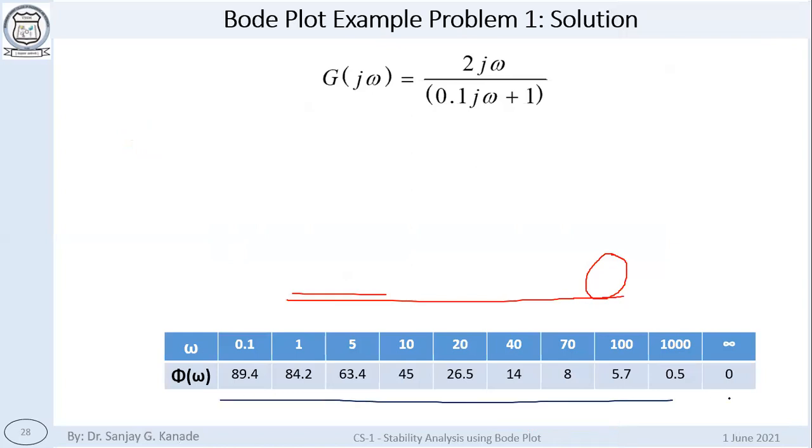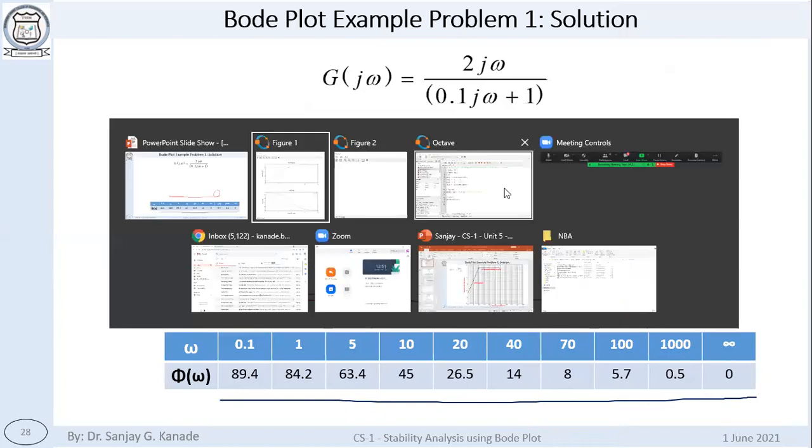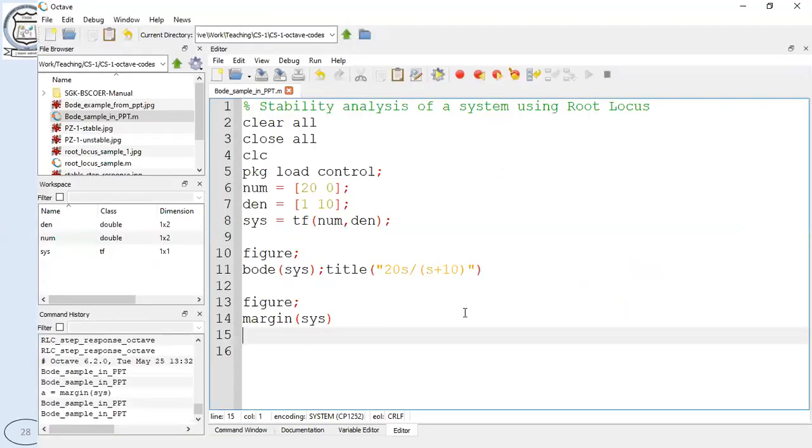Here we have taken around 10 points. If you increase the number of points, the accuracy of the graph will increase. Okay, this is what I have to show you for the moment about the Octave part.